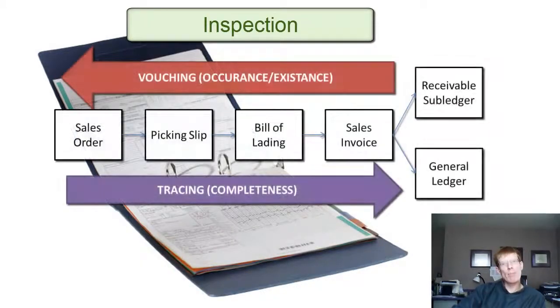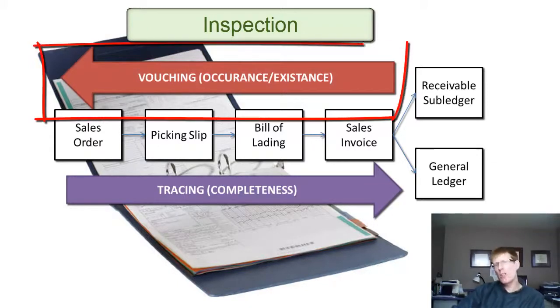For example, a sales transaction is initiated by a sales order, which might be mailed, faxed, or electronically submitted through the internet. Typically, this triggers a shipping document, which is used by the warehouse to pick an order. It gets dropped onto a truck, which creates a bill of lading, indicating that the order has been shipped. This typically triggers an invoice to bill the customer and set up a receivable and record the sale in the general ledger. This is an example of an audit trail.